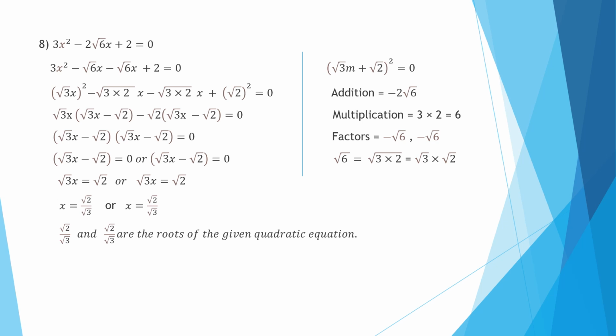So root 3x is equal to root 2. So after solving we get x is equal to root 2 by root 3 or x is equal to root 2 by root 3. So the roots of the given equation are root 2 by root 3 and root 2 by root 3.